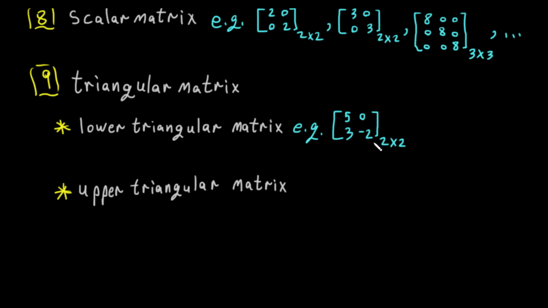Why is it a triangular matrix? Because here we have a right triangle. You can see here we have a right triangle, and if the shape is like this, then it is a lower triangular matrix. Another example for a 3 by 3 matrix.